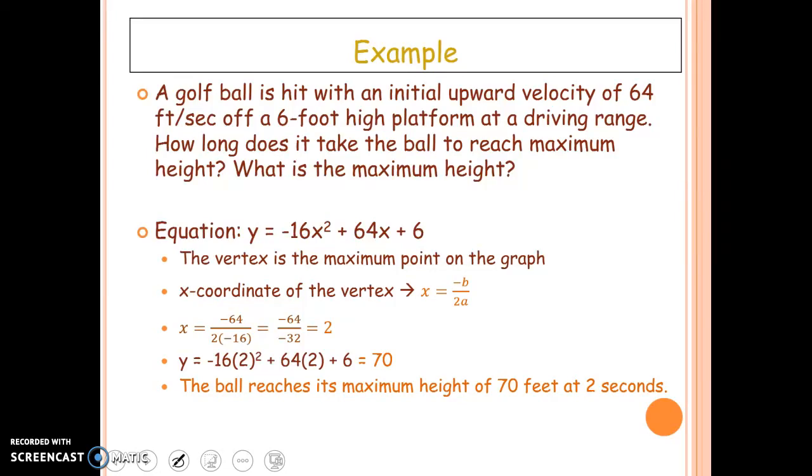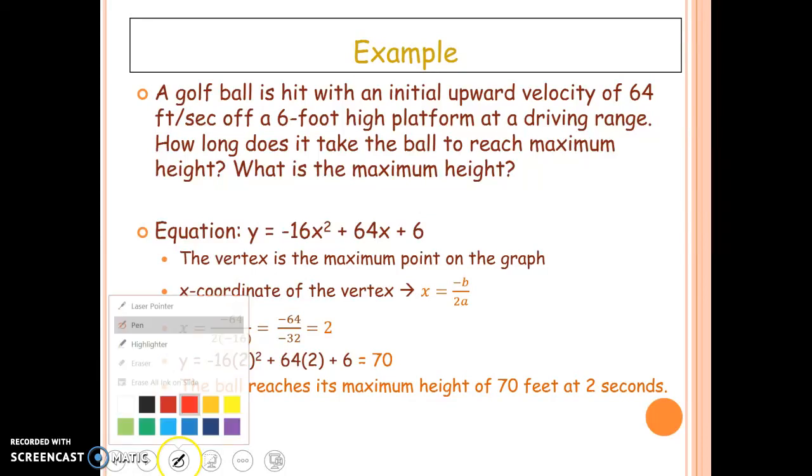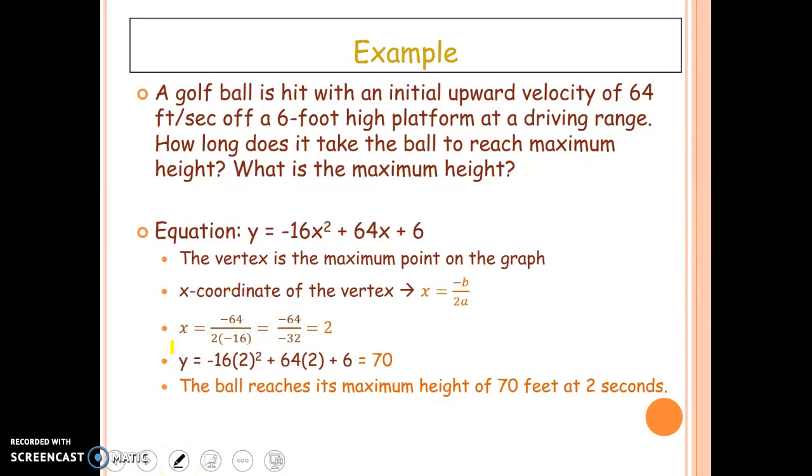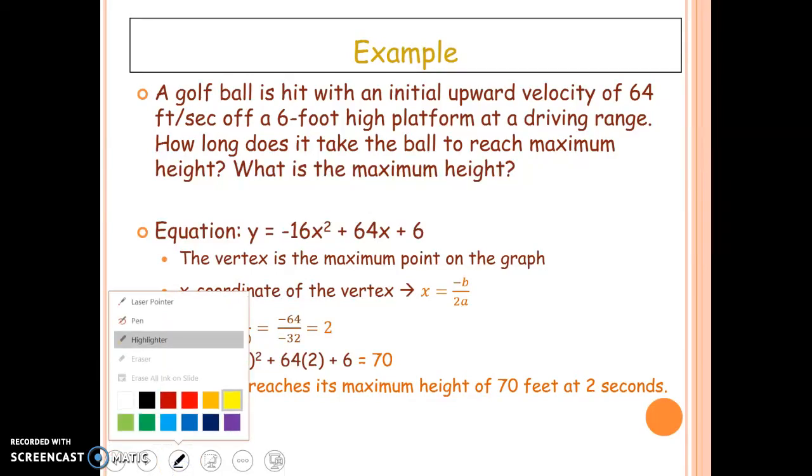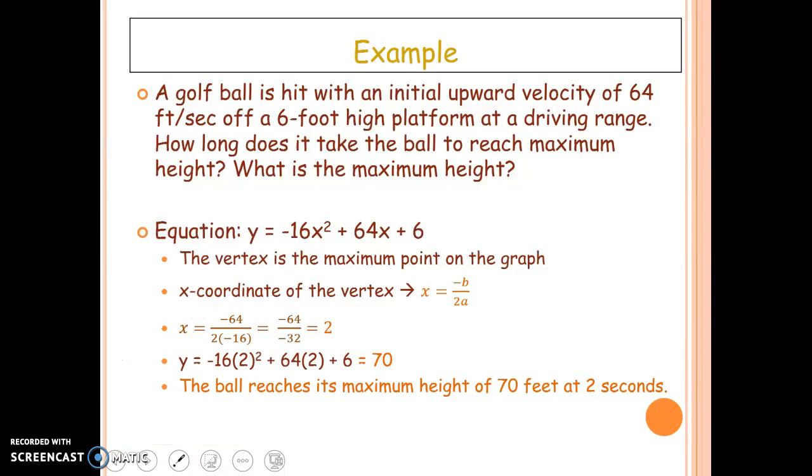The x-coordinate of the vertex can be found by doing the opposite of b over 2a. You can see that the x value is going to be 2, and then when I plug in 2 to the original equation, that gives me my y value of 70.